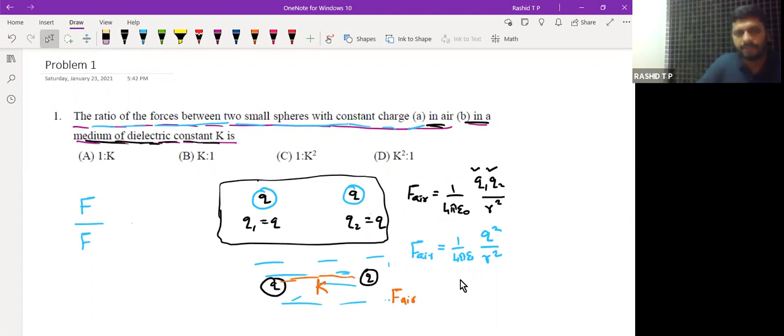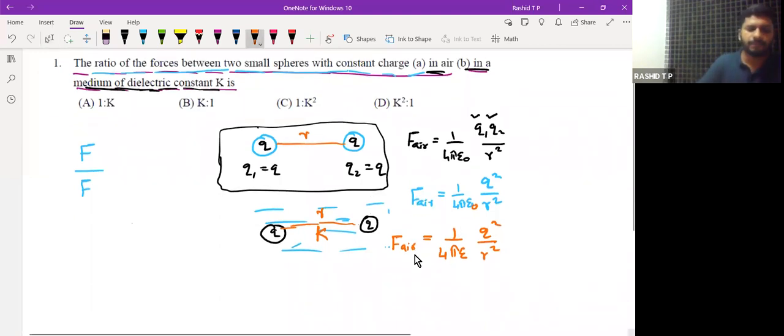The distance between them is not changed. Whatever the distance is here, the same when we keep it in the medium. That is, I'll write 1 by 4 pi, instead of epsilon 0, since it is kept in a medium, this is 1 by 4 pi epsilon, and this will be Q square divided by R square.